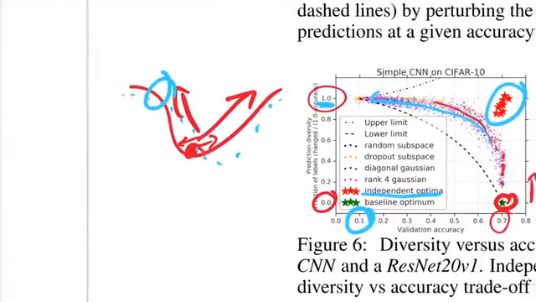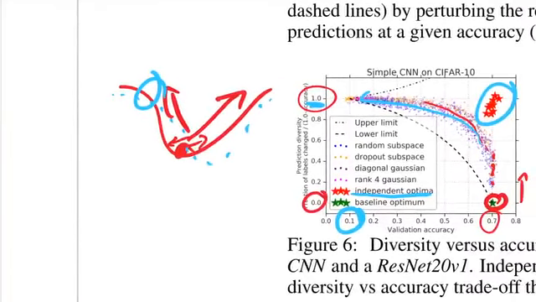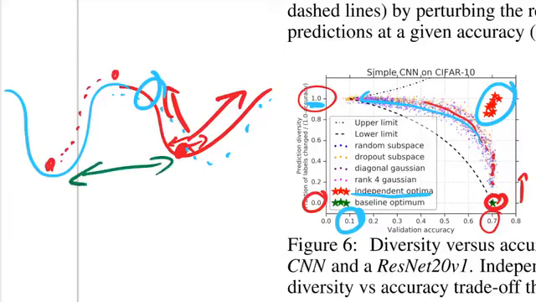And that, again, is evidence for the fact that there are probably other optima far away where these different initializations find this here. So they are very different in terms of functional space. They're quite far apart. They predict different things. However, in terms of loss, they're almost the same, or actually the same.